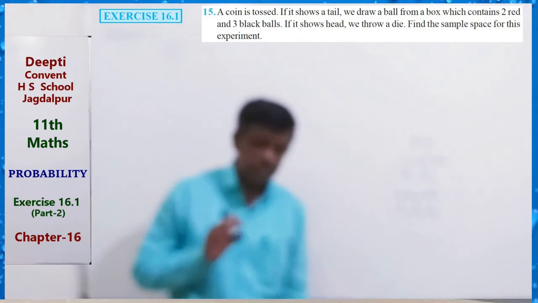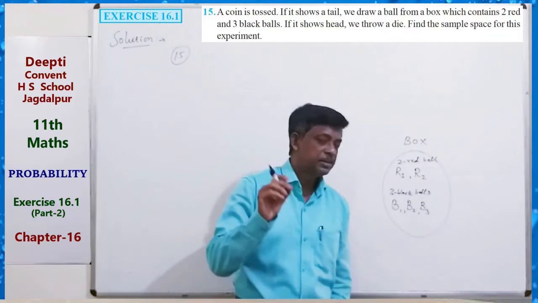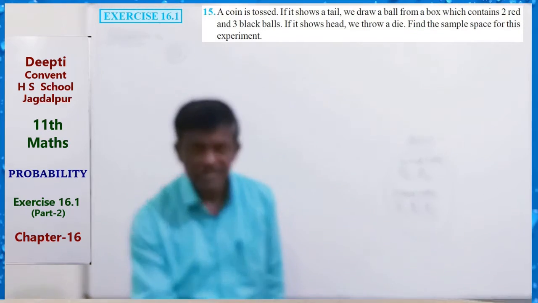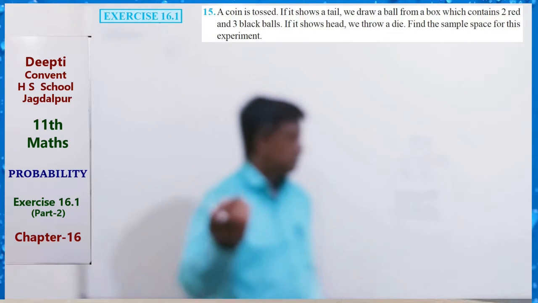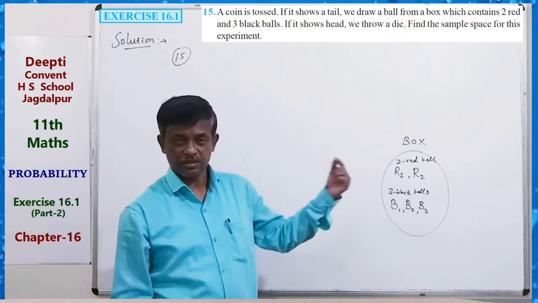A coin is tossed. If the coin shows a tail, then a ball from the box is drawn.